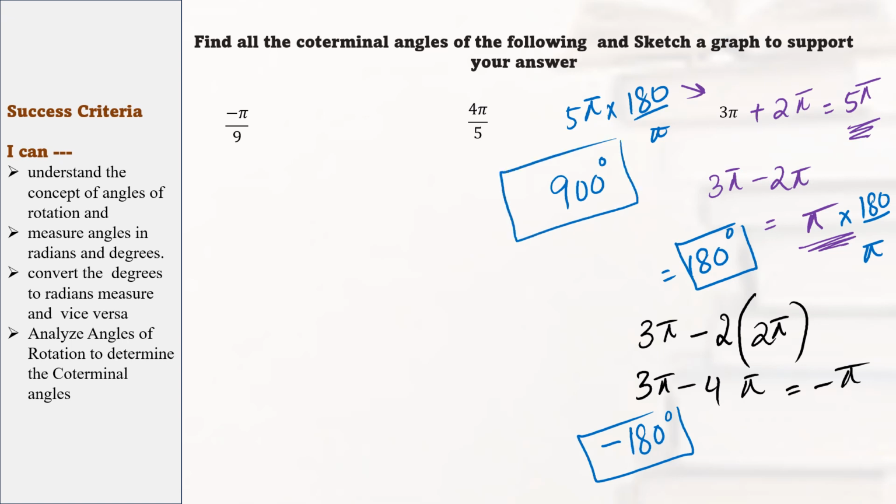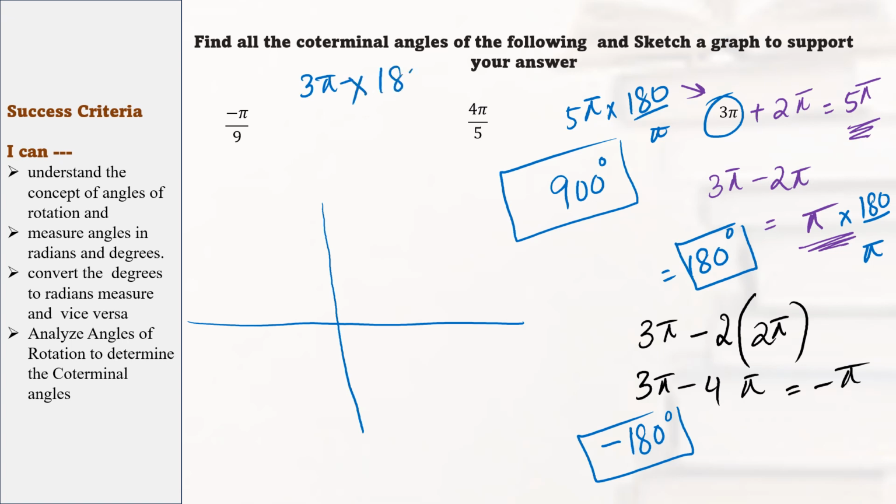So these are the three angles. Let's try to make it. And one is 3 pi. So let's make it 3 pi times 180 over pi. So pi and pi cancel and 3 times 180 gives me 540 degrees. Okay.